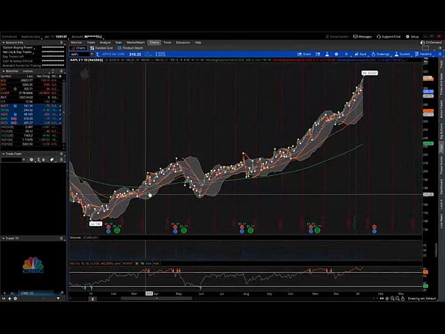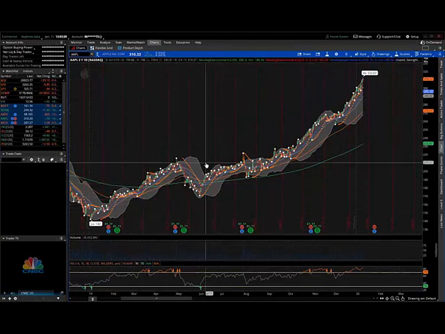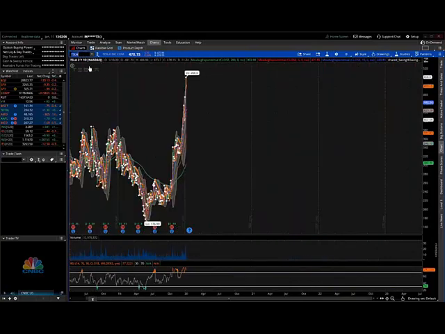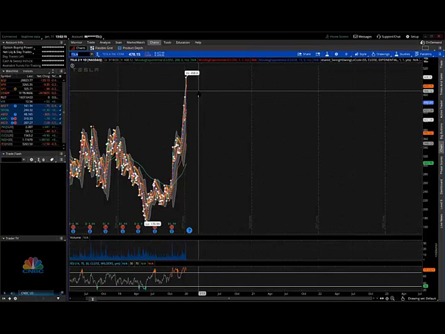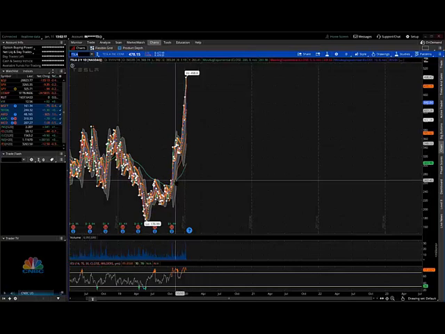This is a good, steady, solid ascension. Versus, look at this. I look at the volatility in this stock. That's not something I want to be in the trade in, a stock that moves with this amount of volatility.